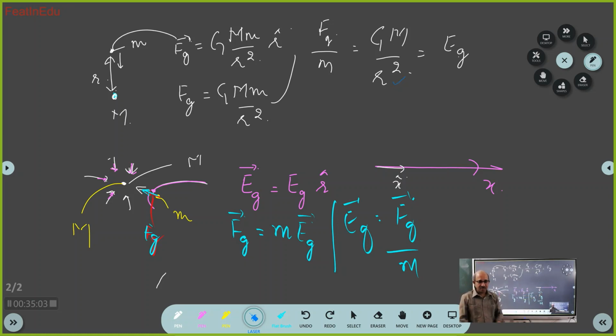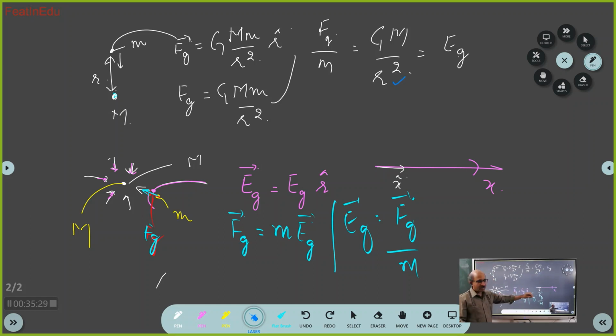Anybody? F bar is equal to mass into gravitational field bar. That is an easy bar. It is like a formula to find the gravitational field. See man, I am teaching you such high level physics, so you are converting it into some chiller formula. Why do you want to do like that?